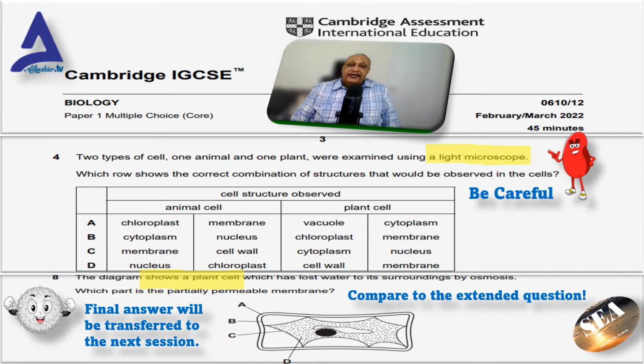This slide is only a demonstration for the future work. What I am going to do is reorganize all the past papers and divide them into three main folders. The MCQ folders, that means paper 1 for the core and paper 2 for the extended together, then paper 3 and paper 4 together, and paper 5 and paper 6 together.